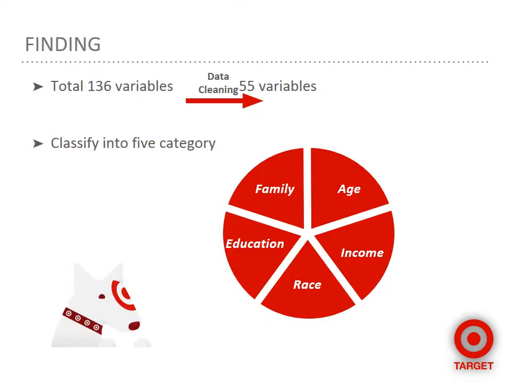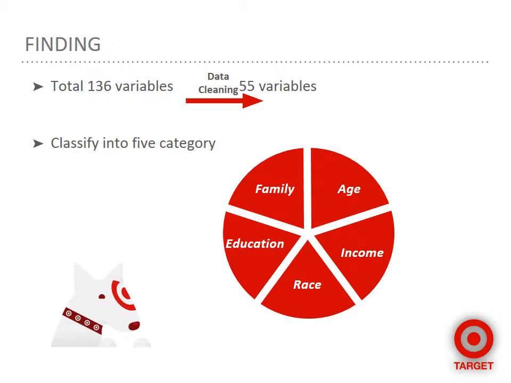So before we analyze the data, here's something we do. The first step, we clean the data. There are totally 36 variables. We clean it and we only keep 55 useful variables.